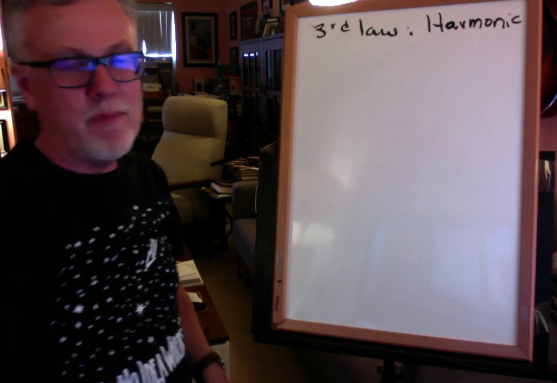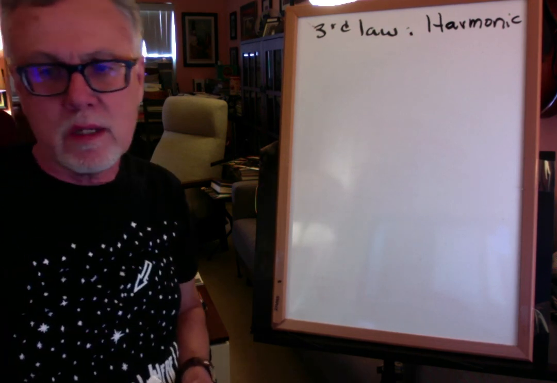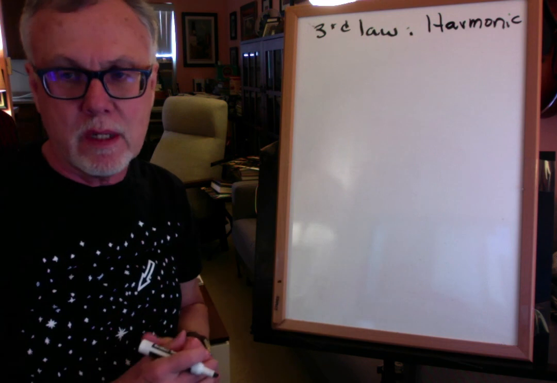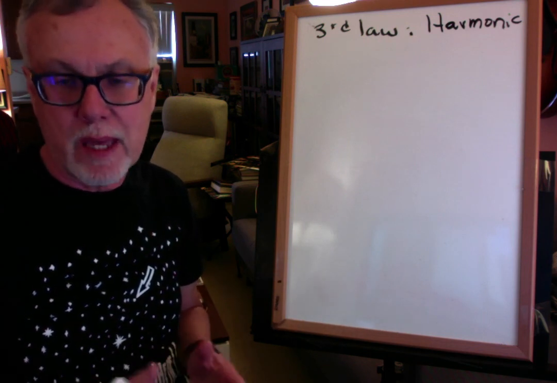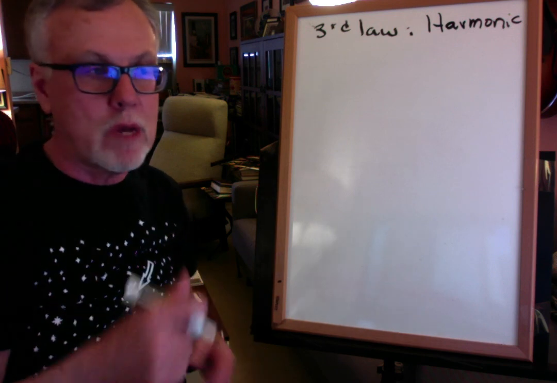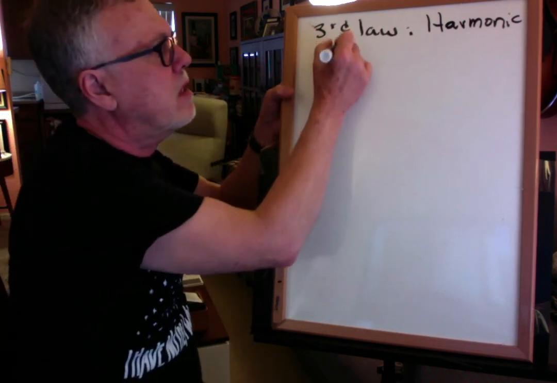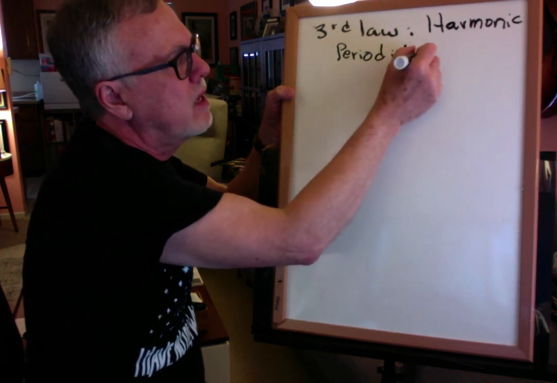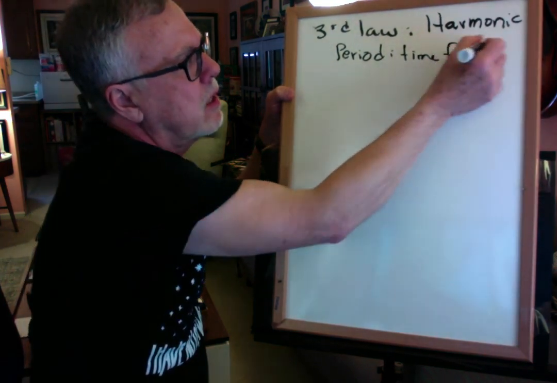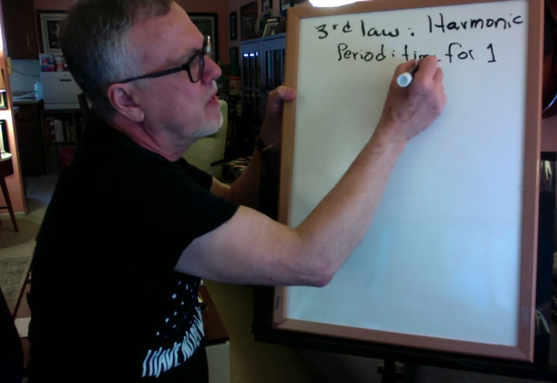So basically, what it does is relate how big the orbit is to how long it takes a satellite or a planet or whatever's orbiting to go around one time. We define the period, which is the time for one orbit.